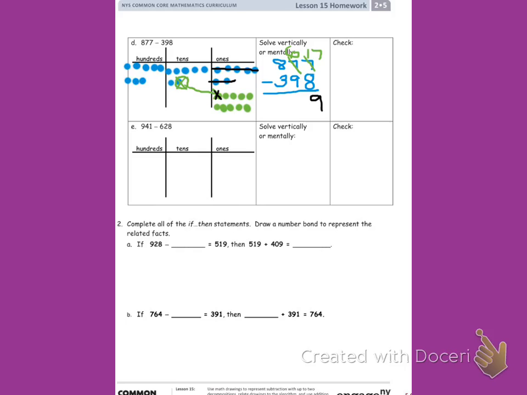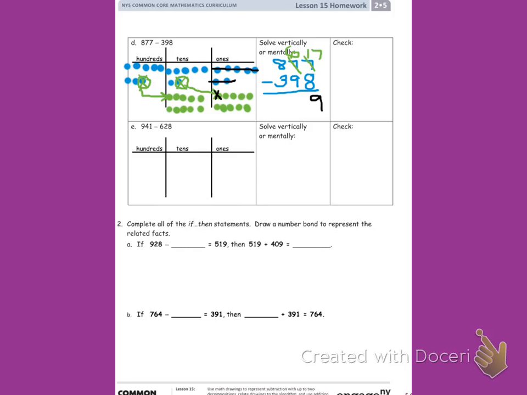Again, that's not possible because I don't have enough. So I will unbundle a group of 100 and put it over in the tens place, because I know that 10 tens makes 100. I'll draw them here. 1, 2, 3, 4, 5, 6, 7, 8, 9, 10. And I'll cross out the one that I unbundled.